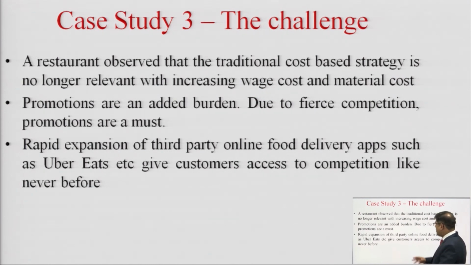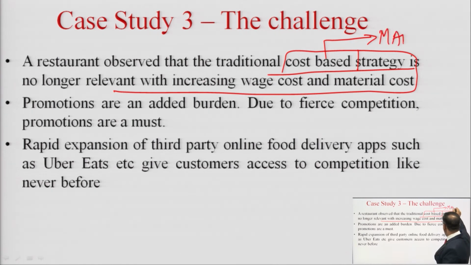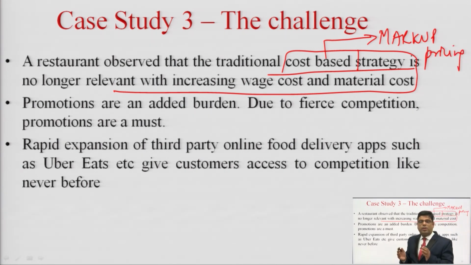Now we talk about the challenge. A restaurant observed that the traditional cost based strategy is no longer relevant with increasing wage cost and material cost. Currently, what it was following was cost based strategy, or we should also call it markup pricing.